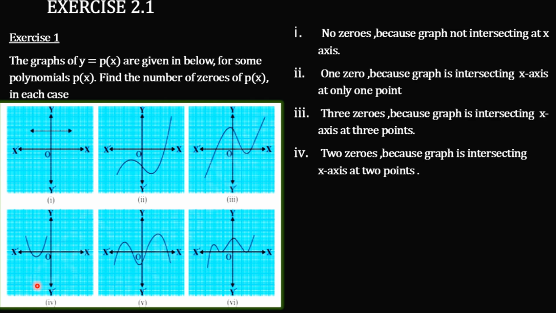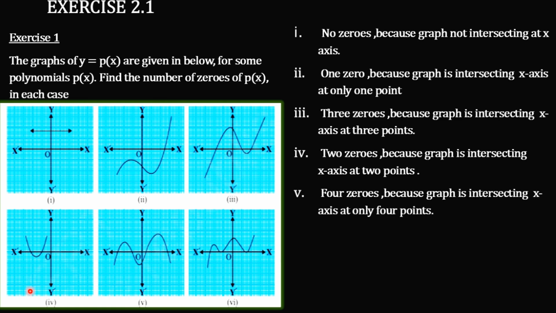Here 1, 2, 3, 4, so 4 zeros in the fifth graph, because the graph is intersecting the x-axis at 4 points. Here 1, 2, 3, that is 3 zeros, because the graph is intersecting the x-axis at 3 points.